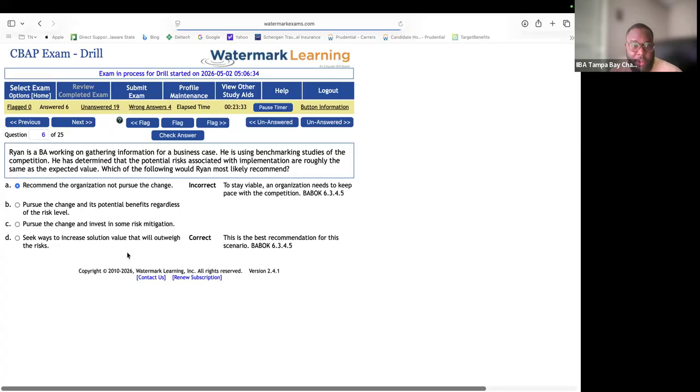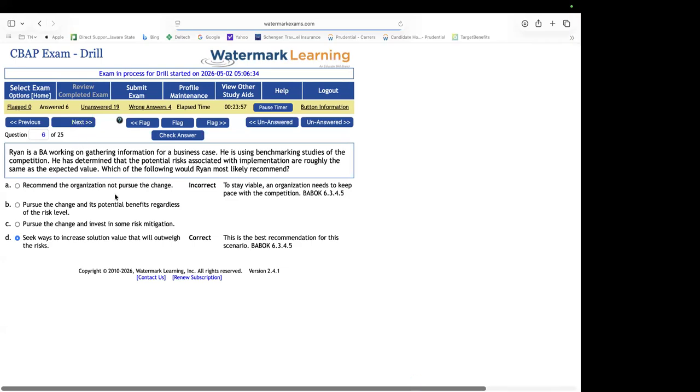But in the BABOK, the best way is to seek ways to increase value, and not to create any confusion. This was also a similar question on my ACC exam, which I took a few months back, and that is strictly focused on agile. So you can imagine why. So next question, a BABOK question.